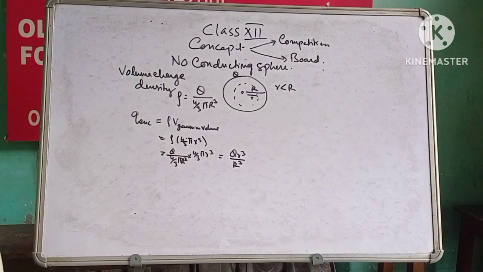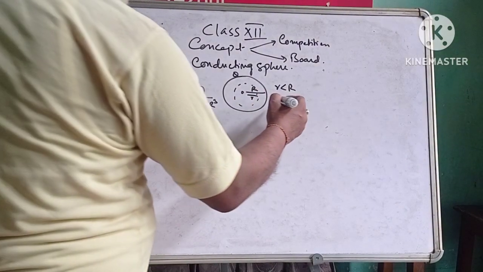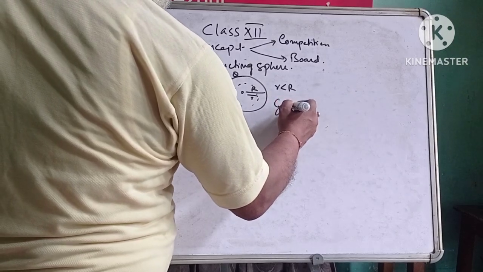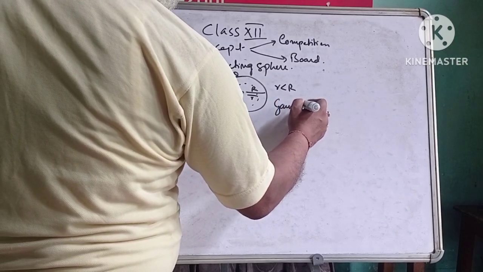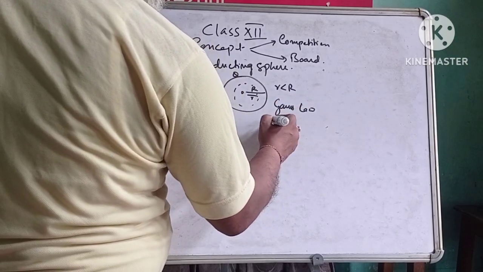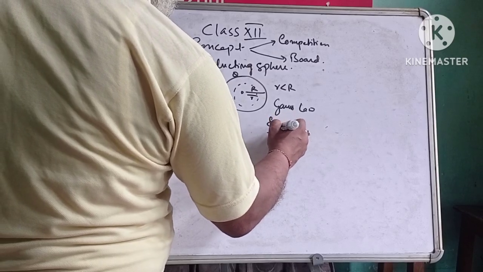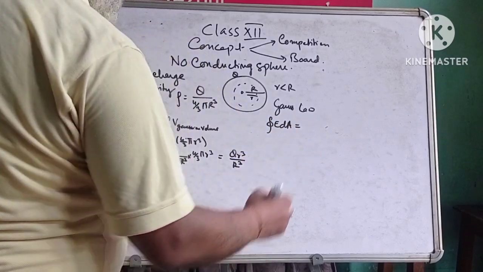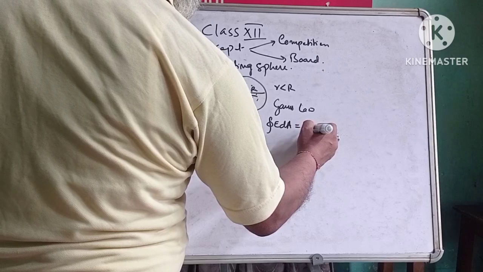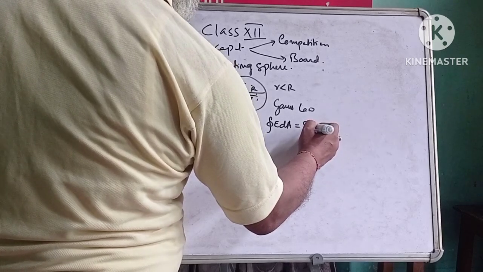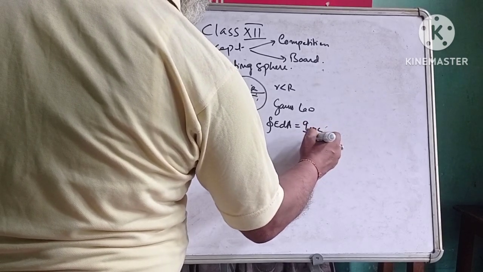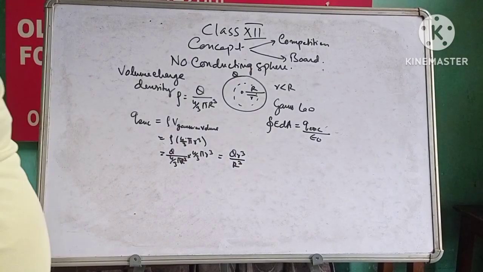So now we are going to apply the Gauss law. According to Gauss law, the cyclic integral of E dA will be equal to Q enclosed by epsilon naught.